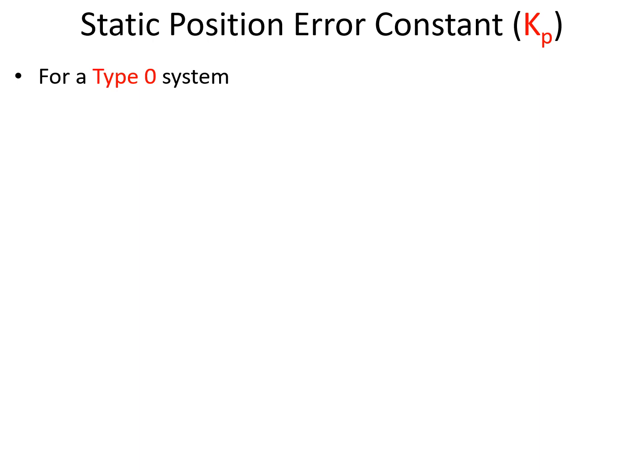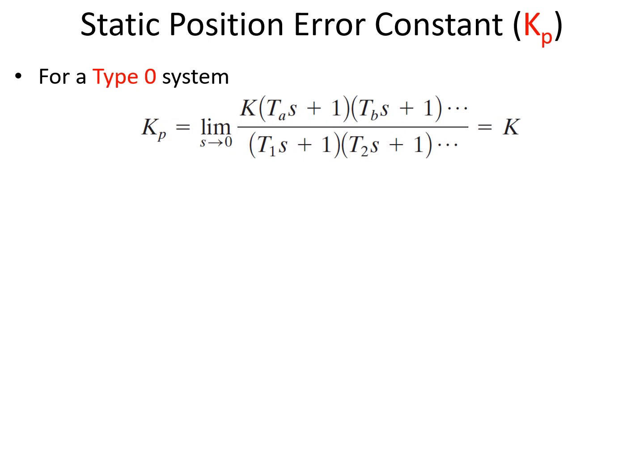we will try to evaluate the Kp value for type 0, type 1 and type 2 systems. For a type 0 system, your Kp is equal to limit s tending to 0 of the standard open loop transfer function, which gives you the value k. When you replace s with 0 here, you get Kp equal to k itself.